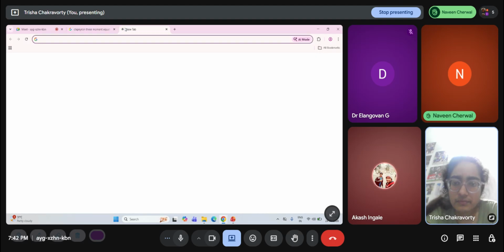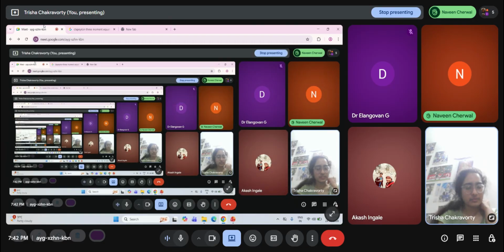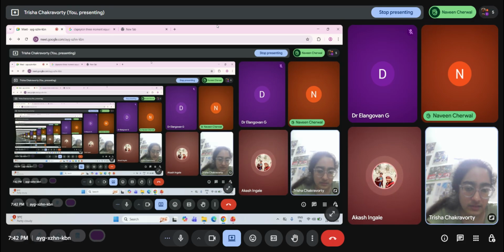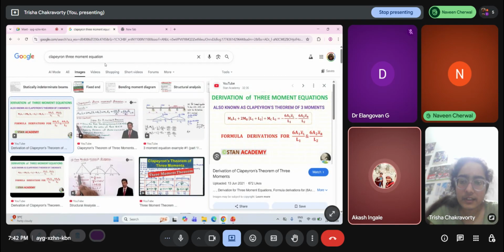No ma'am, this is a force method. Okay, I am not aware of this method. I have never studied this. Sir has given that equation. That is Mohr and Clapeyron, 1860. The Clapeyron theorem statement.